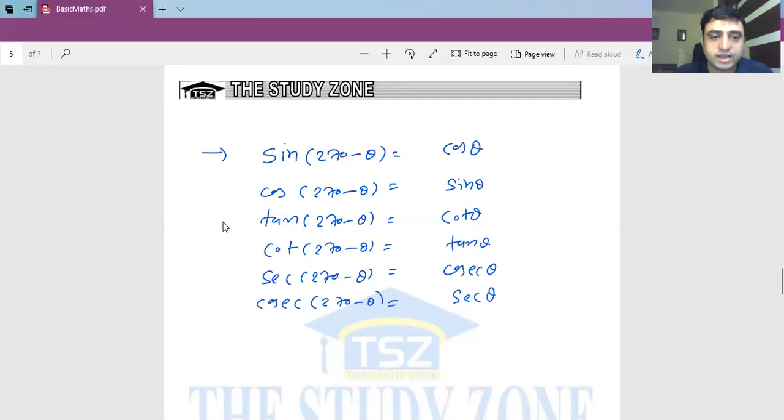As per rule number two, tan is positive and cot is positive, so we'll have a plus sign for those. Remember, we decide the quadrant from the left side only, not the right side. The right side will have an acute angle only, and to decide the sign, we see the left-hand side function only. So the others are negative. It means sine 270 minus theta is minus cos theta.